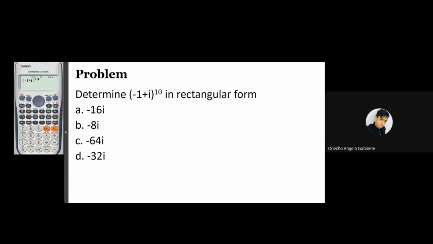Press equals. Negative 32i. When it is too long to input or solve, try the method from our last discussion, the long method or the formula we used.